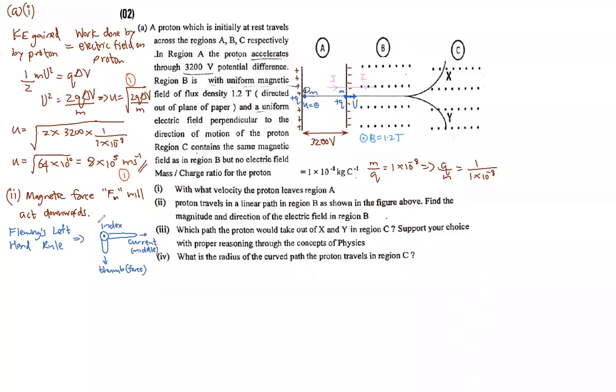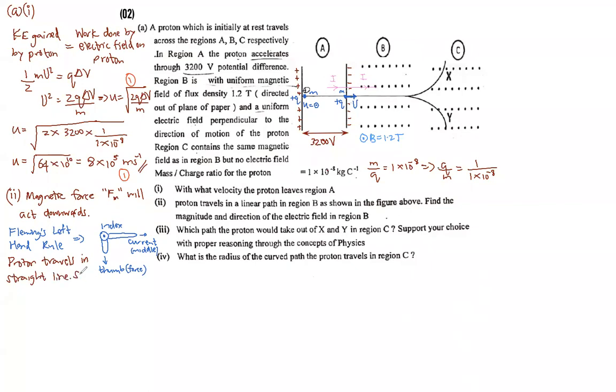Right, so it's downwards. If Fm is acting downwards, then whatever the direction of the electrostatic force, the proton travels in a straight line.